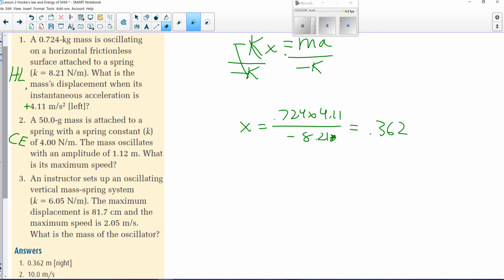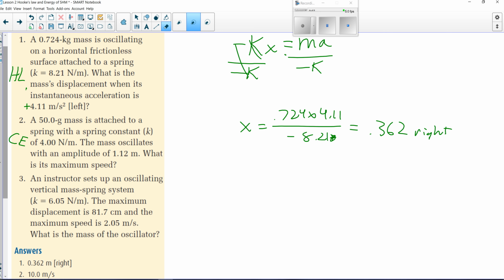The opposite of left is right. I got a negative number when I assigned positive to left, so that means it must be right. Everyone all right with that? It's important to keep those directions straight, because the vector will be part of the answer, and if you don't have the correct vector on your answer, you'll lose a mark for it.